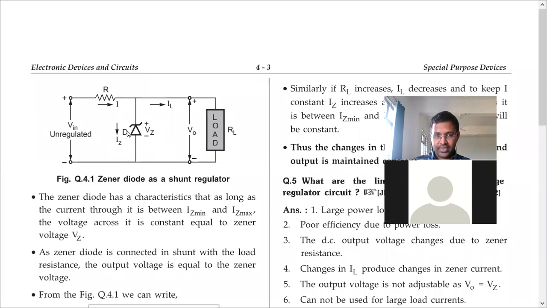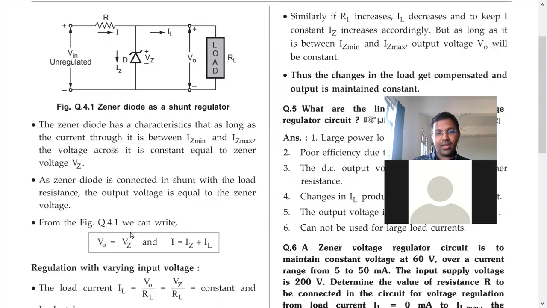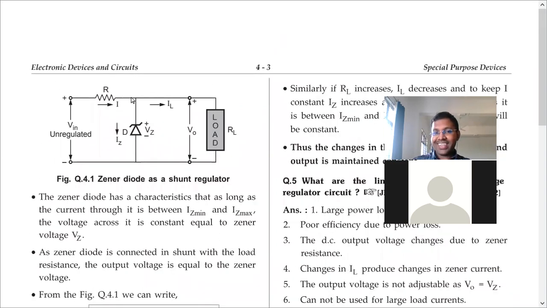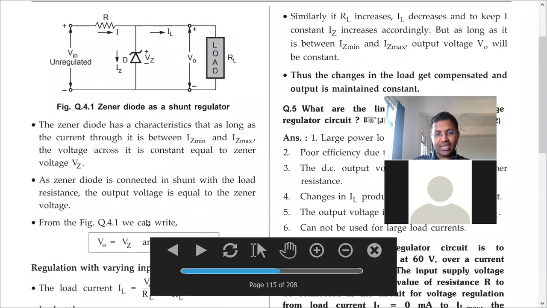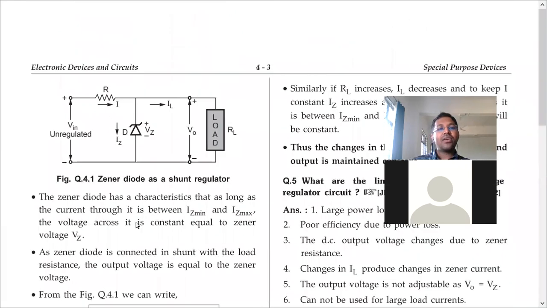We have seen all this. So basically here, V naught is equal to Vz, because these two are in parallel, and KCL at this node, I is equal to Iz plus IL. This also we have seen in the last class. Now here we will consider two cases.